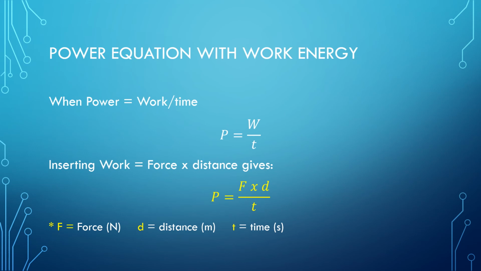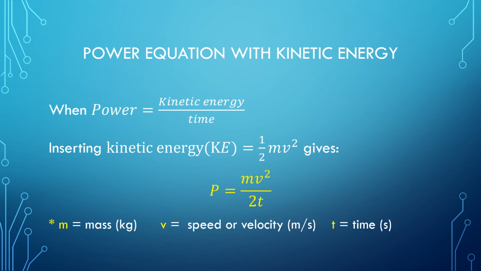The next few slides are just showing how those equations on your equation sheets are formed. The first equation for power is work over time, and we said work is force times distance. So that's how we get power is equal to F times D divided by T. The next equation on your equation sheet is representing kinetic energy divided by time.